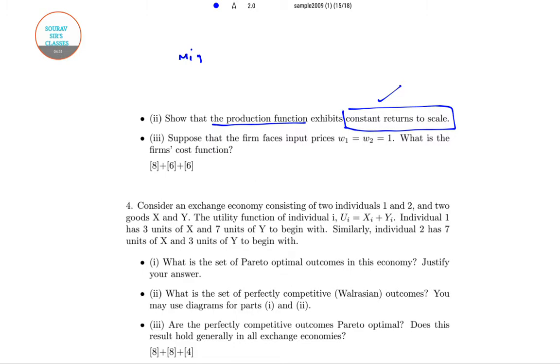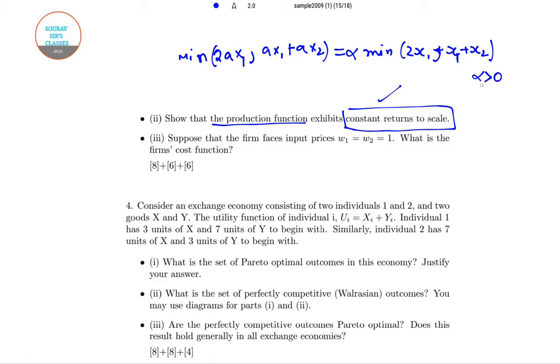For this, we know the minimum of 2αx1, αx1 plus αx2 is basically equal to α times the minimum of 2x1, x1 plus x2, for α greater than 0.